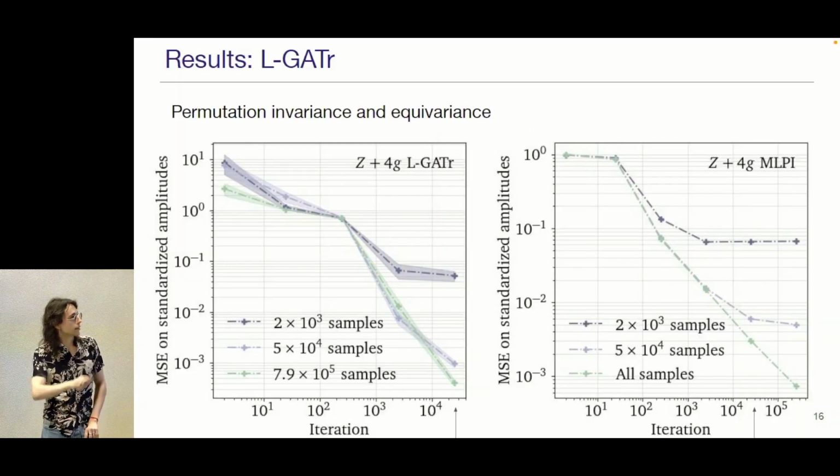And okay, just to finally mention the other model, the other net architecture, Alligator, which I don't have time to explain how it works in full, but basically it has permutation invariance and equivariance.